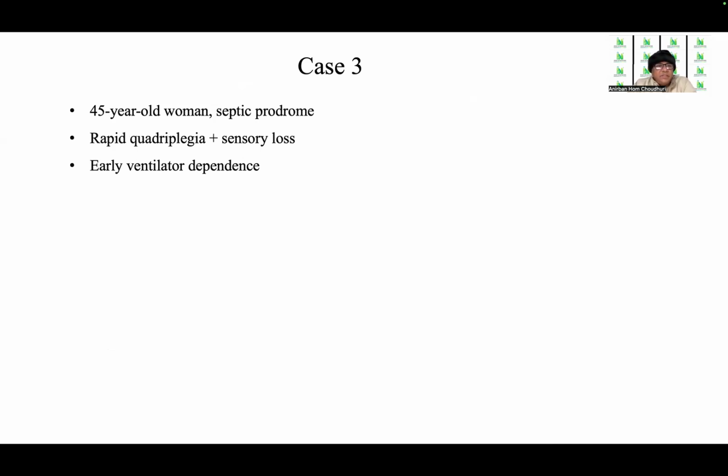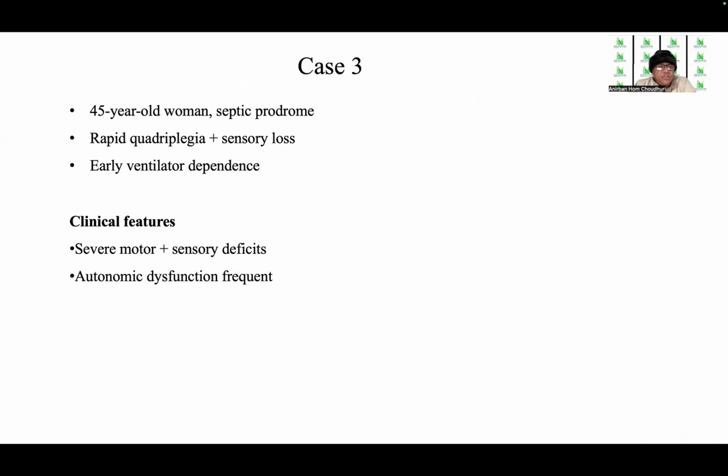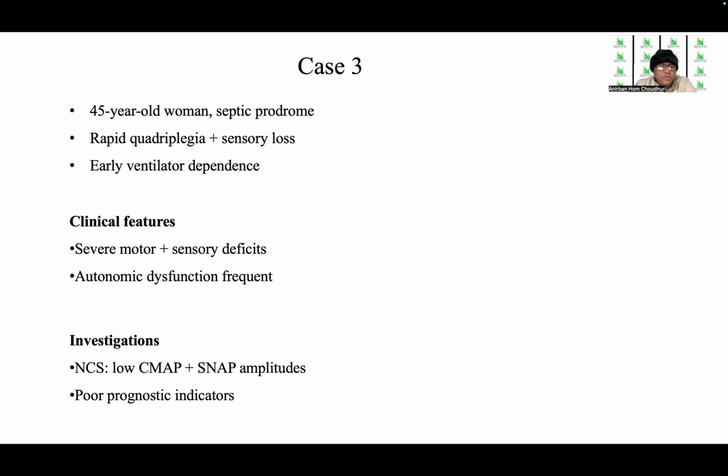Moving on to the third case, a 45-year-old woman with septic syndrome presents with rapid quadriplegia and sensory loss with early ventilator dependence. The clinical features show severe motor and sensory deficits and frequent autonomic dysfunction, and the nerve conduction study shows low CMAP and SNAP amplitudes with poor prognostic indicators.